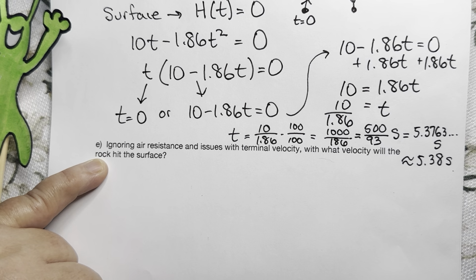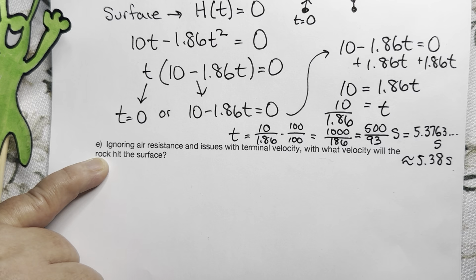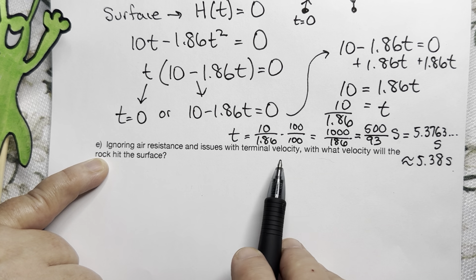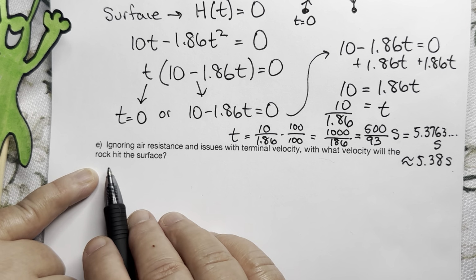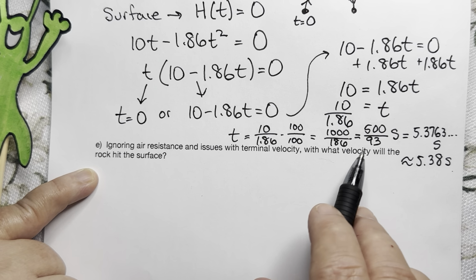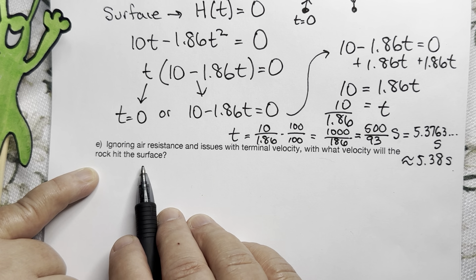The air will actually slow you down, so objects have an upper limit to how fast they can get going when approaching the ground. So air resistance and terminal velocity aside, because our model does not include those, with what velocity will the rock hit the surface?